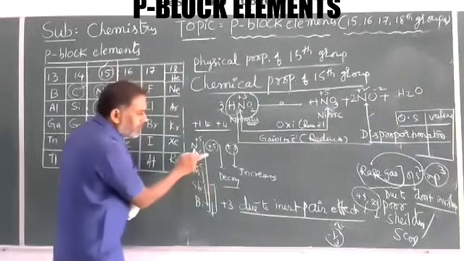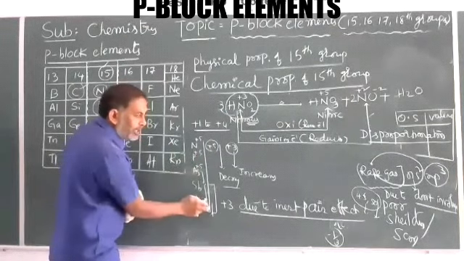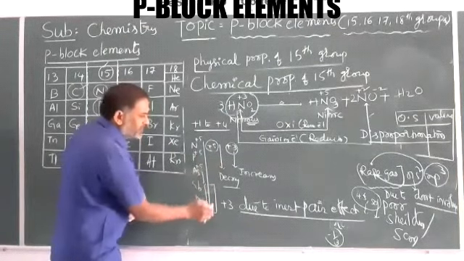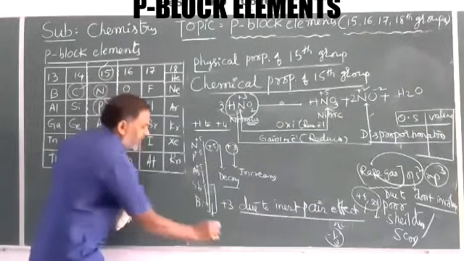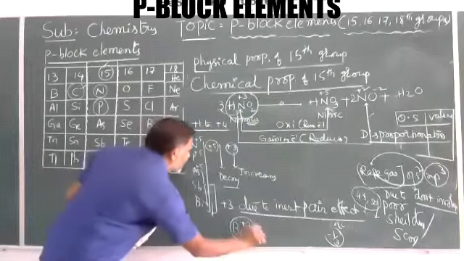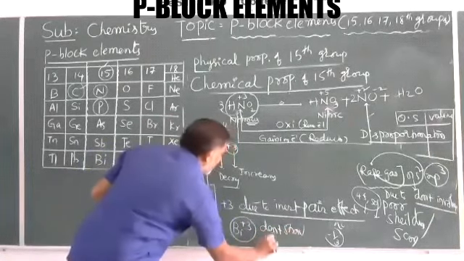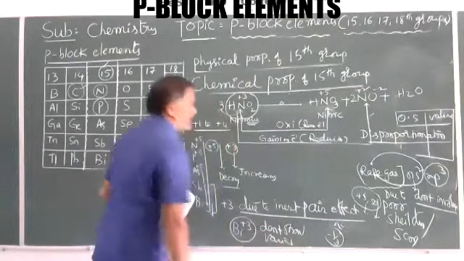So from top to bottom the plus 5 oxidation state generally decreases and the plus 3 oxidation state increases. That's why bismuth generally shows only plus 3 and does not show variable oxidation states. Very, very important.